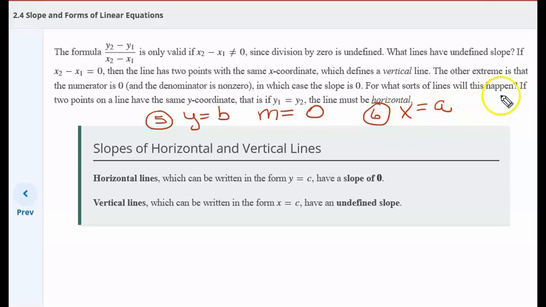And that is when you have a number like 7 divided by 0. That simplified is undefined slope. Again, we've covered this before, but review is good.